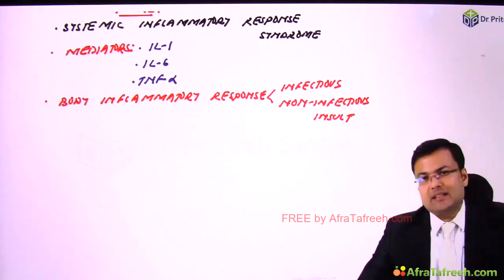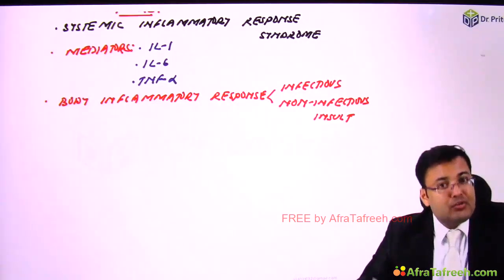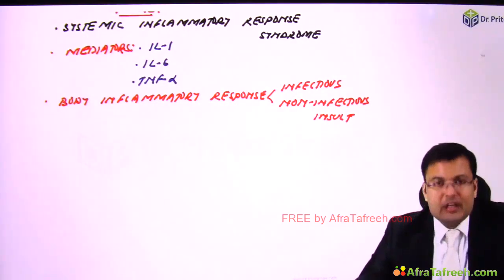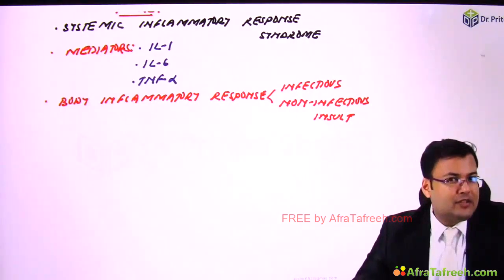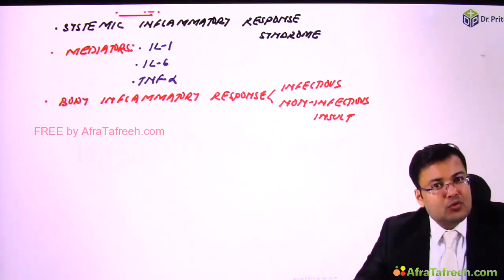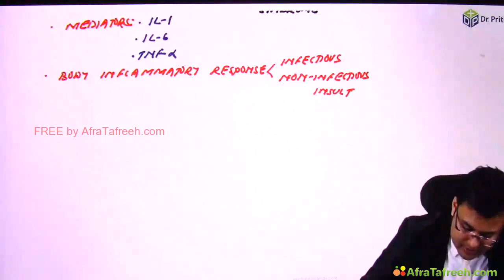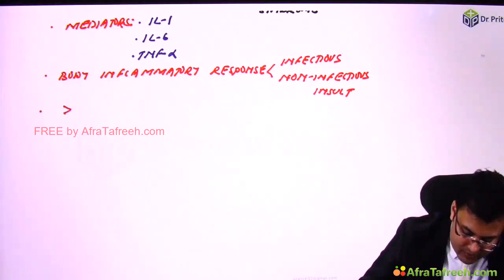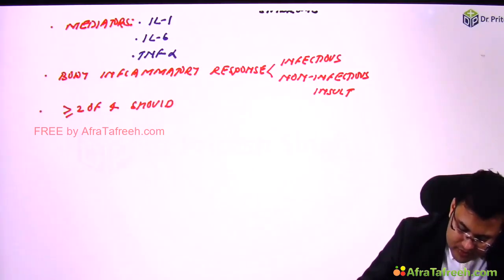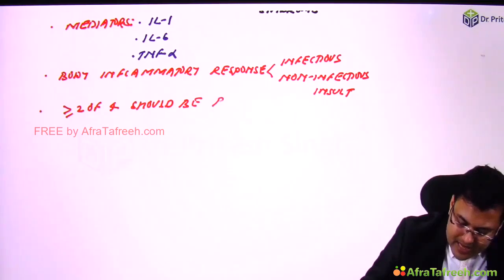The question which is asked is, what are the various components of SIRS? There are 4 parameters, and out of these 4, at least 2 should be present.